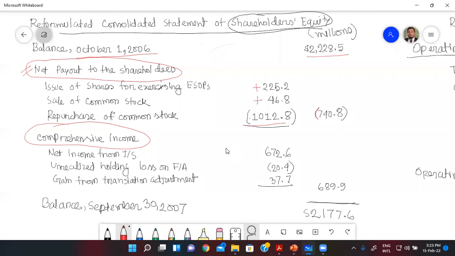Why do you think net payout is negative? Because during this time, the company has repurchased more shares than issuing shares. That's why it is the net, okay? And net during the period.